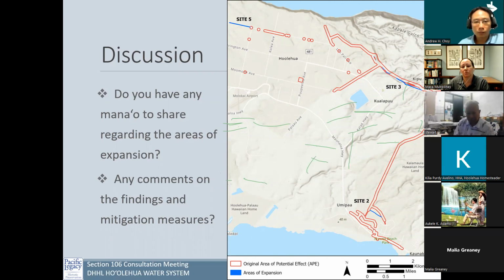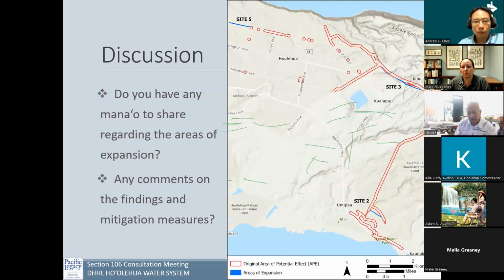My understanding of the system now is that the improvements do not affect, well, some of the Site 3 improvements were affecting a private landowner. So we had contacted the landowner. There was an existing easement, but there were some variations in the easement. So we had a process of formal notification and discussions with those landowners.